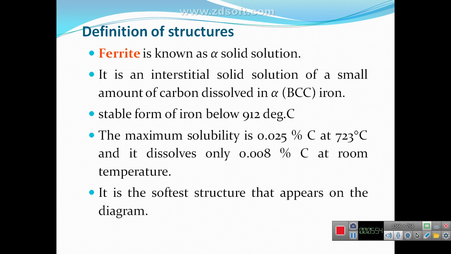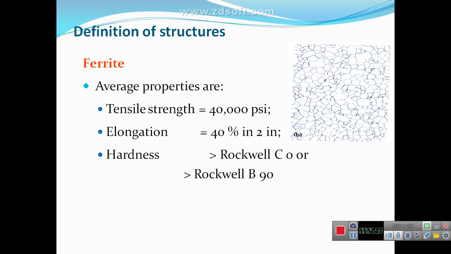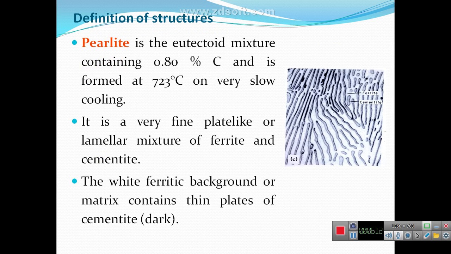It is the softest structure that appears in the iron carbon diagram. In the ferrite structure, the tensile strength is 40,000 psi and the elongation is 40% in 2 inches. Hardness is B90 in Rockwell.